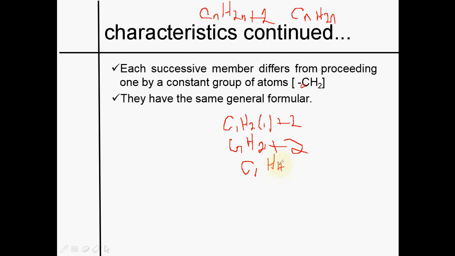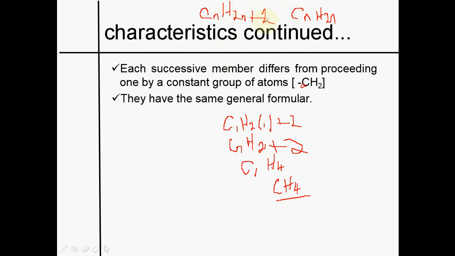Every time the number is 1, we don't show it in mathematics, so the final answer looks like CH4, and this is methane. So we are using this general formula to derive the molecular formula of the members of the homologous series of alkanes.